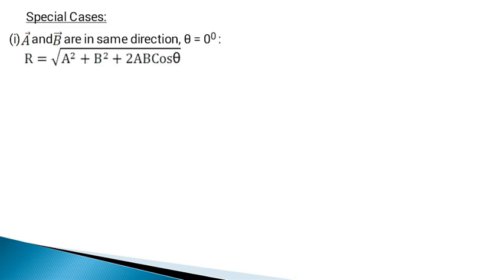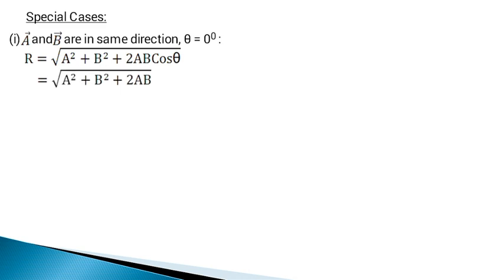Now let's see some special cases. If the two vectors are acting in the same direction, the angle between the vectors theta equals 0 degree. So what will be the magnitude of resultant vector? Magnitude of resultant vector is given by R equals root over A square plus B square plus 2AB cos theta. Putting theta equals 0 in this equation, we have cos 0 equals 1.